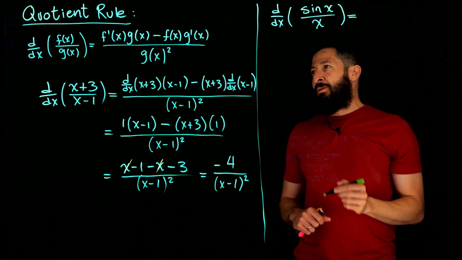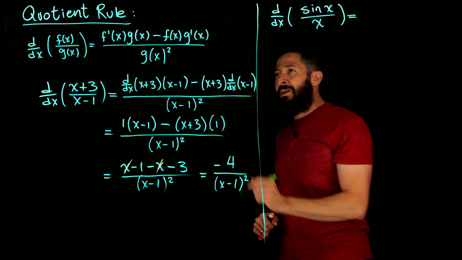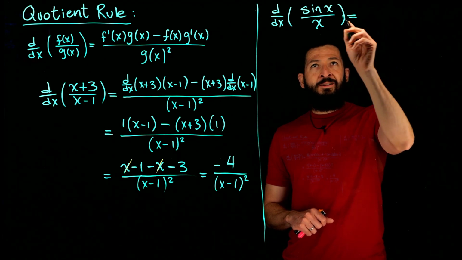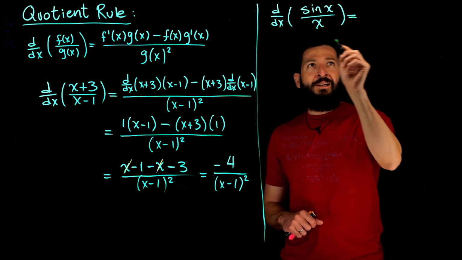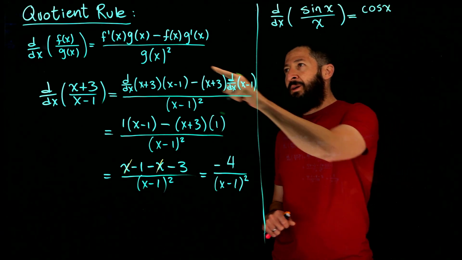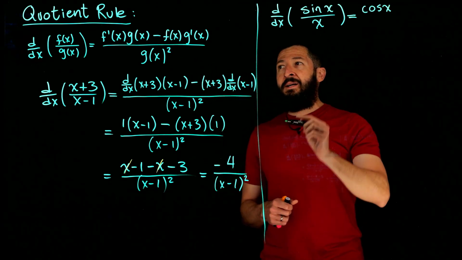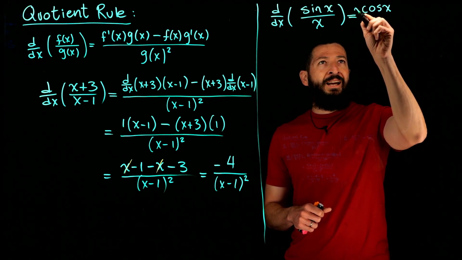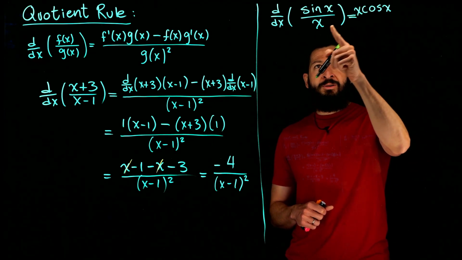So if we apply our formula, we need to take the derivative of the numerator. So the derivative of this numerator is derivative of the sine, which is cosine of x. That's going to be your f prime, times g. So we normally prefer to put the x in front of it, so that would just be your g.